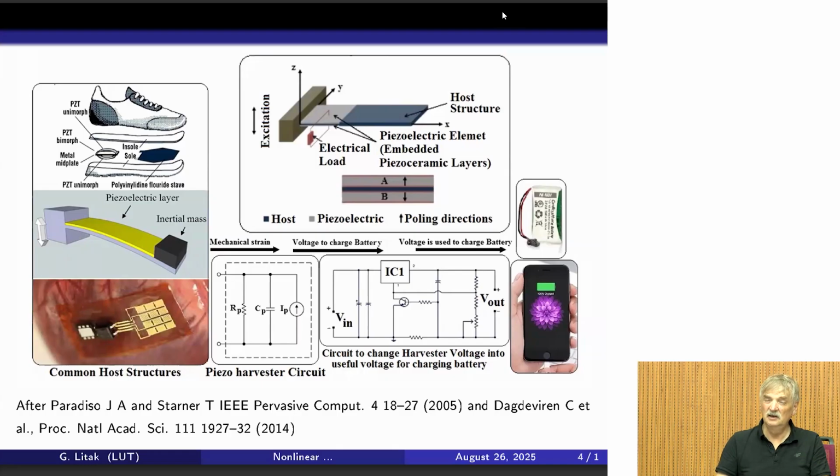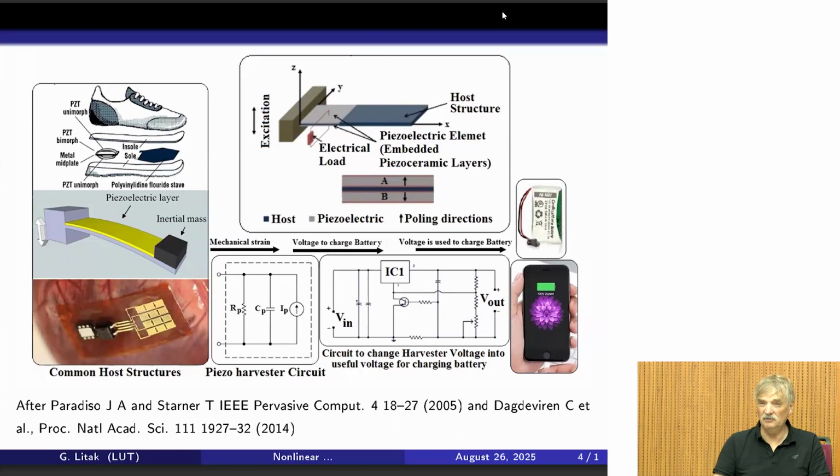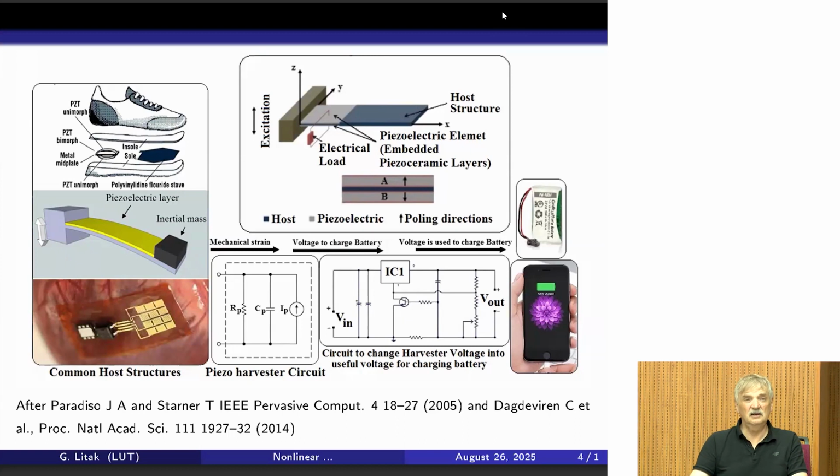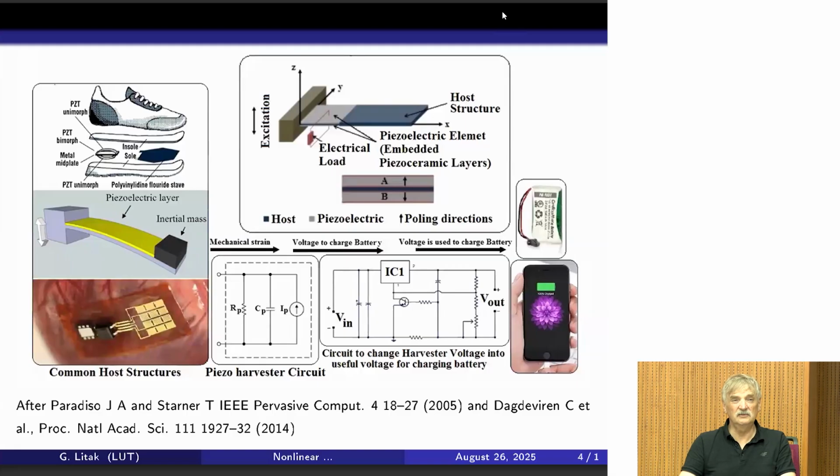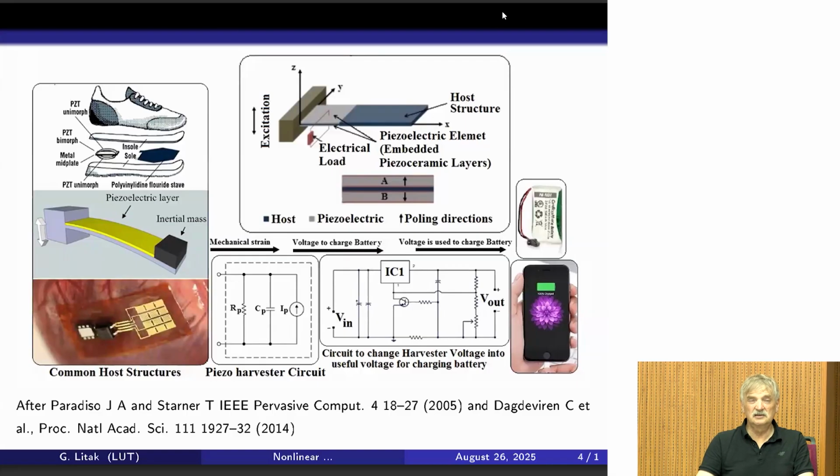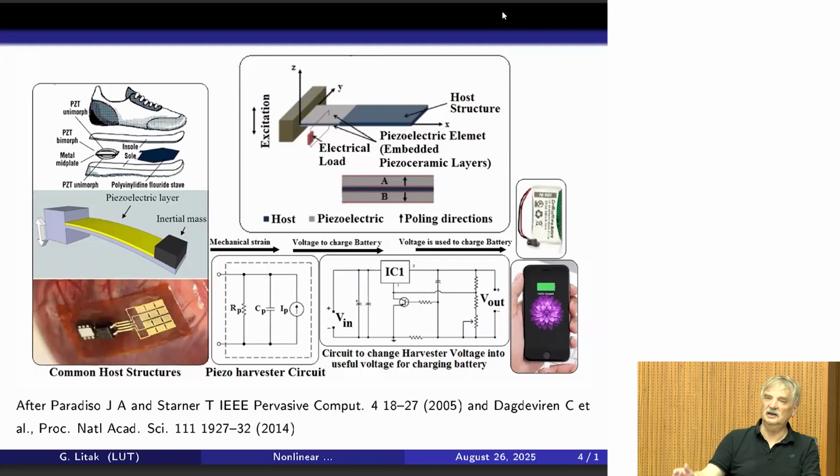So this is power electronics, and we are not going to discuss it today, but there is some progress also in power electronics, and I told you that there is such a thing as maximum power tracking. There is such a method for electromagnetic harvesters, and it can also be used for coupled systems.